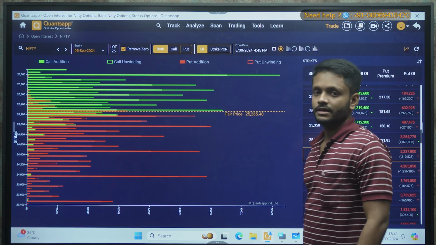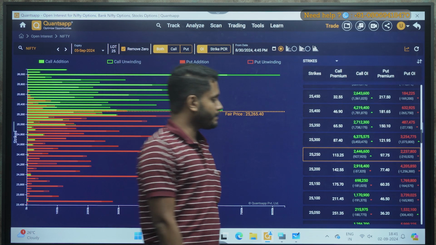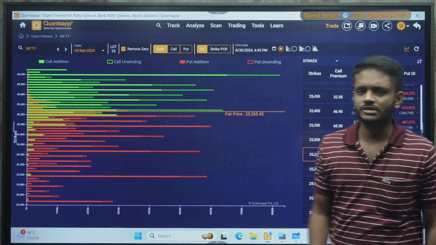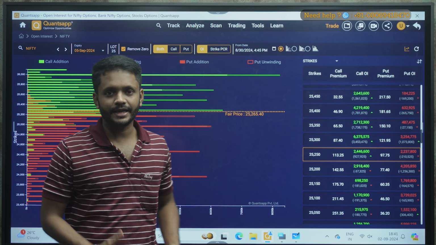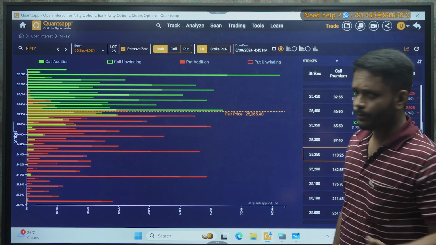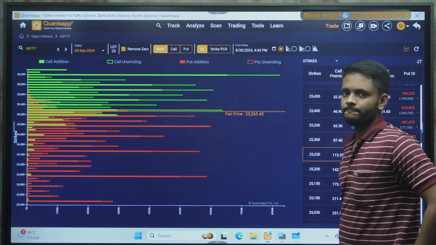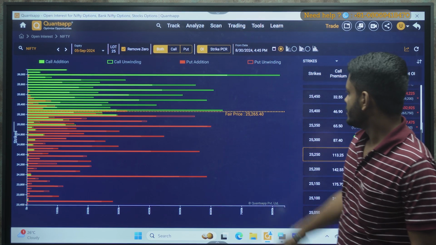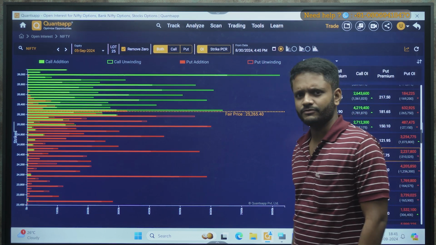The answer is this. So this is a synthetic future, because for options the immediate underlying are futures. Suppose Nifty had a weekly expiry for futures, this would have been the price of the future. Okay, so now I can see it is 25,265 odd level something.